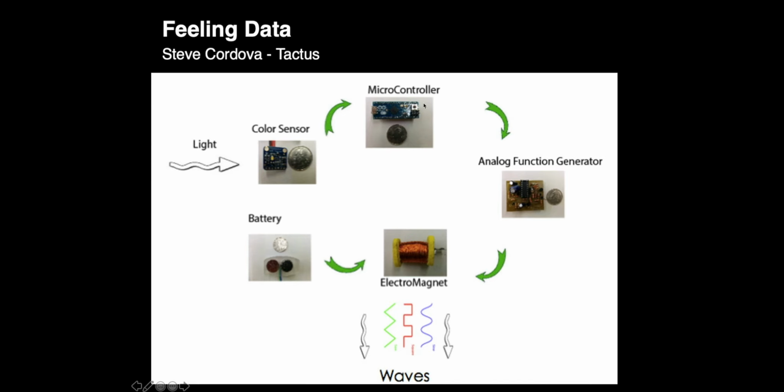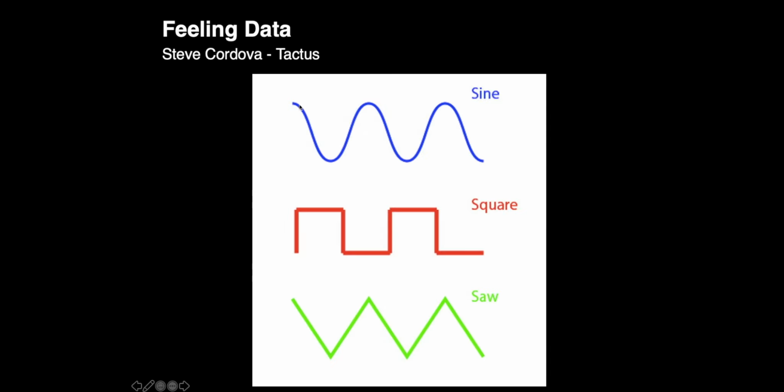And then it's going to be processed by this microcontroller. And essentially what it's going to do is pulse a certain waveform depending on the color that it sees. So if it's blue, it's going to be a sine wave. If it's red, it's going to be a square wave. If it's green, it's going to be a saw wave.